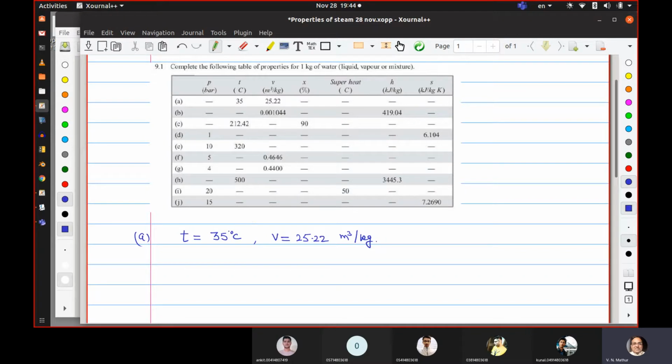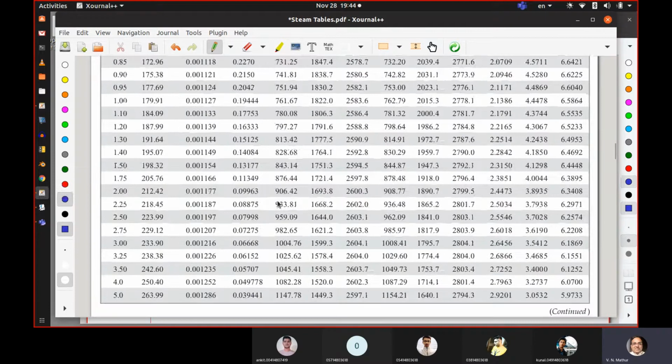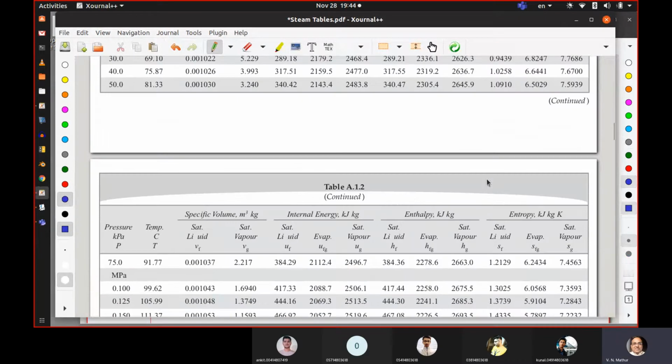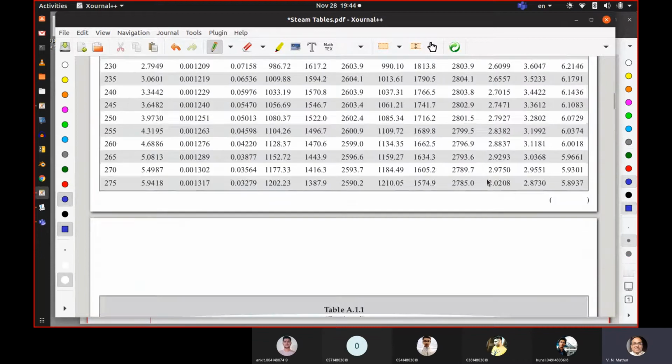So let us go to the steam table and look out for the properties at 35 degrees centigrade. So we'll go to the saturated table first and compare the volume at 35 degrees centigrade.